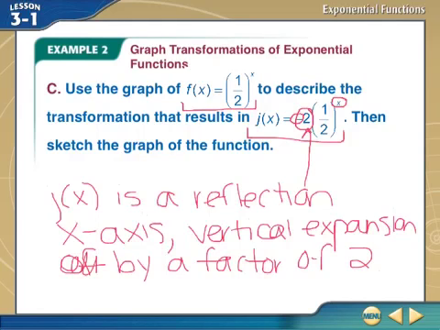Now what we want to do is sketch the graph of both of these functions to confirm that j of x is a reflection over the x-axis and a vertical expansion by a factor of 2 compared to the original function f of x.